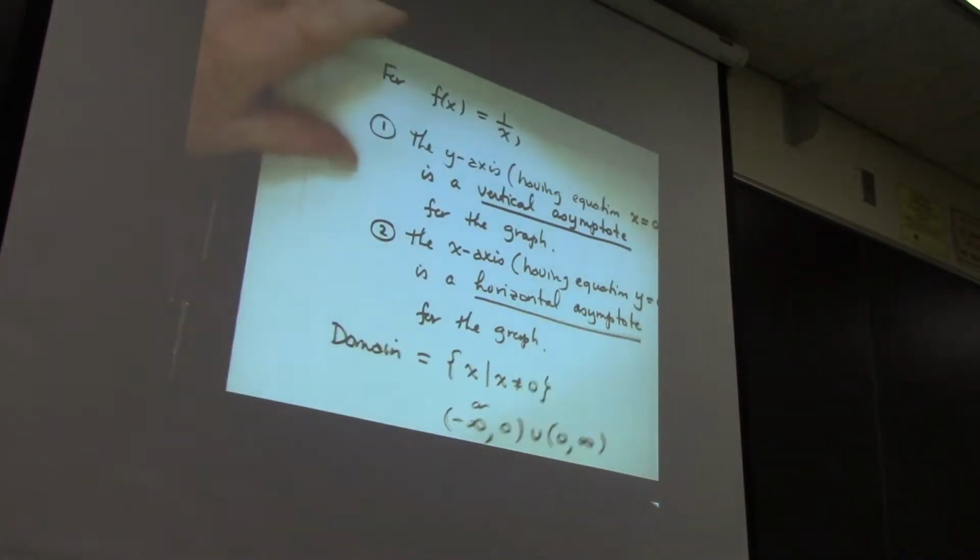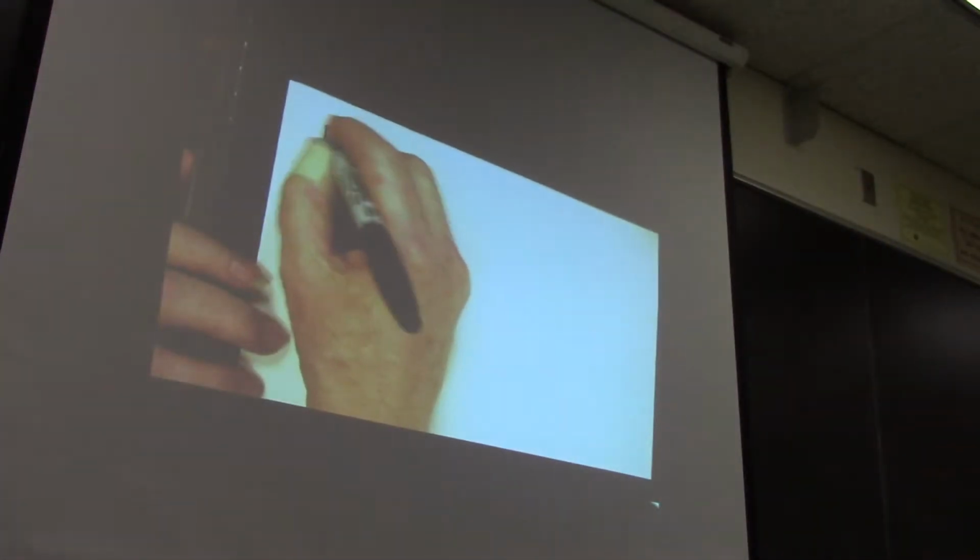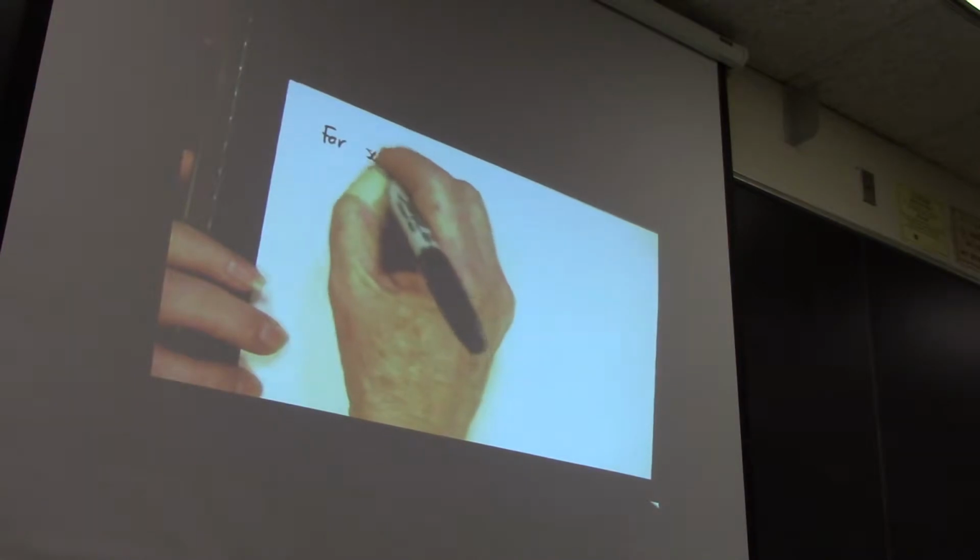Okay, so I want to look at some of the complicated domain problems from Monday, and then just have the calculator graph them and have us see if it makes sense.